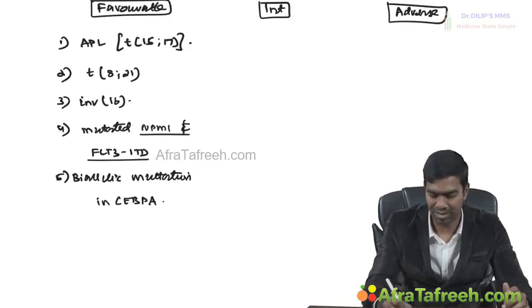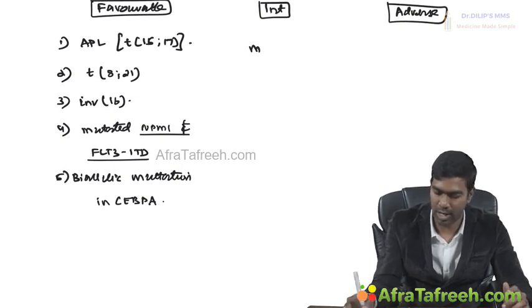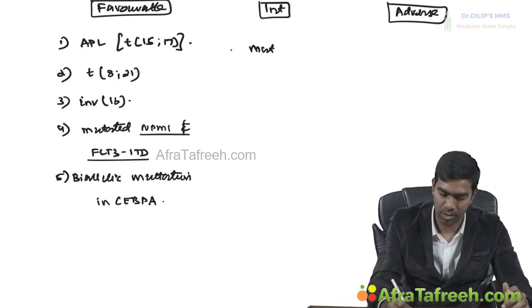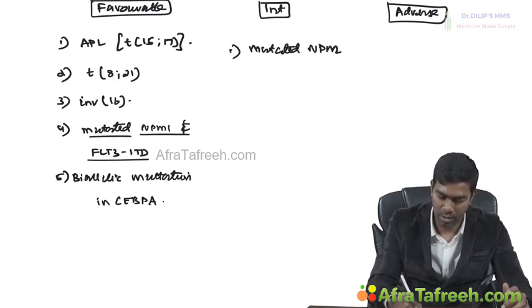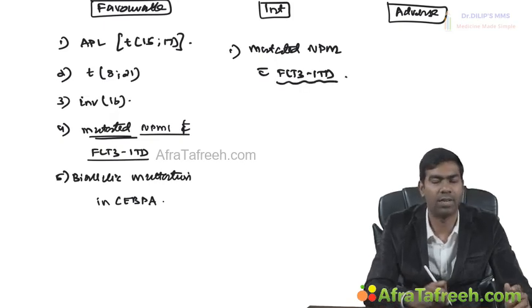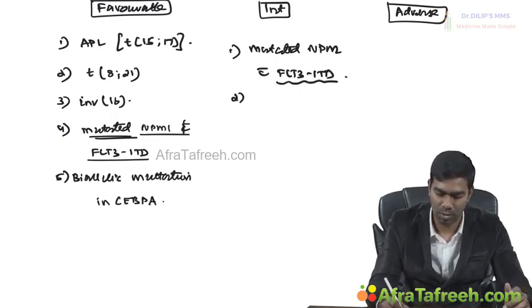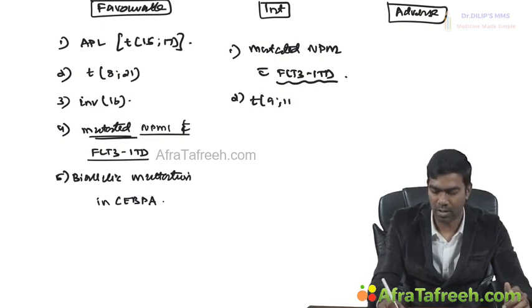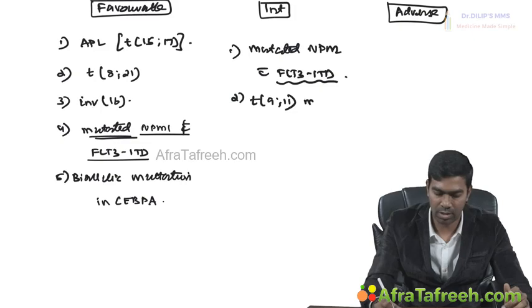Intermediate prognosis you can call mutated NPM1. Number 1, you have a mutated NPM1 similar to this, but with FLT3 ITD mutation. Number 2, you have T9;11, which I have told you already, which has MLLT3 mutation, which I have seen in M5 variant, I guess.